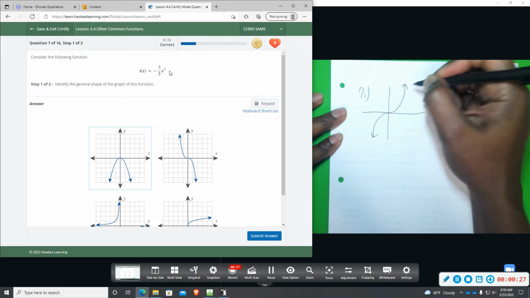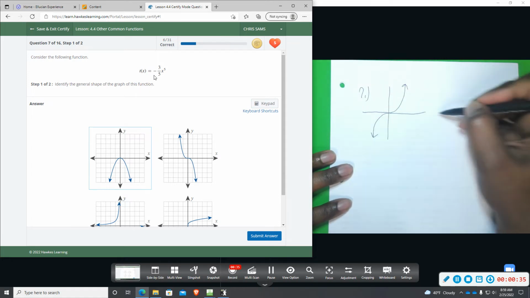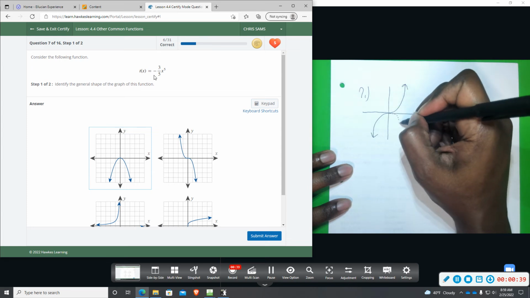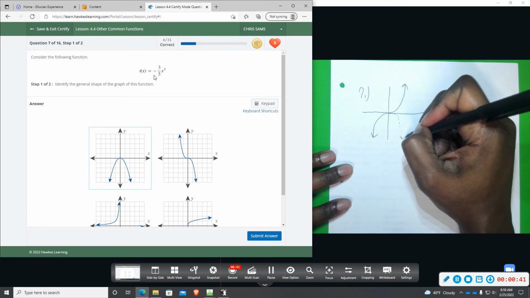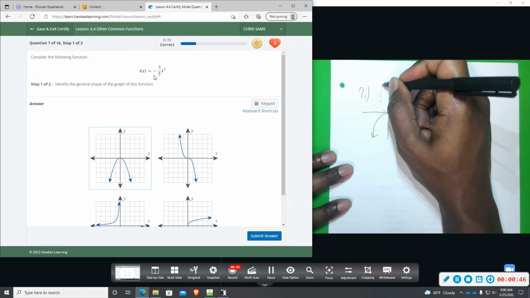Okay. But because of the negative out front, this negative is going to flip it across the x-axis. It's going to make all my y values negative. So this part right here is now going to be coming down, and then this part that was going down is now going to be coming up.